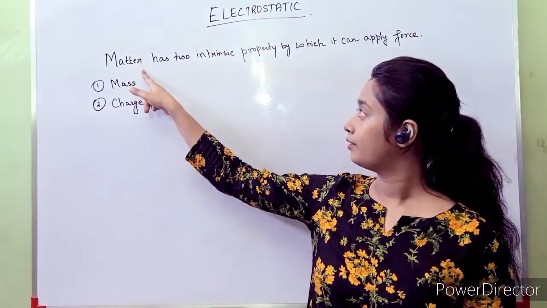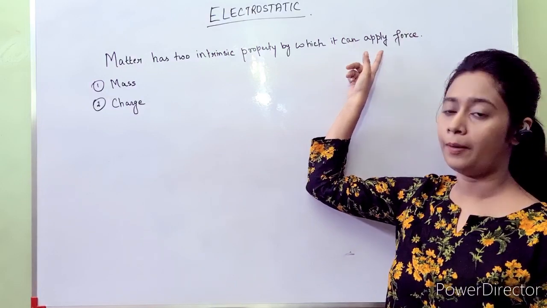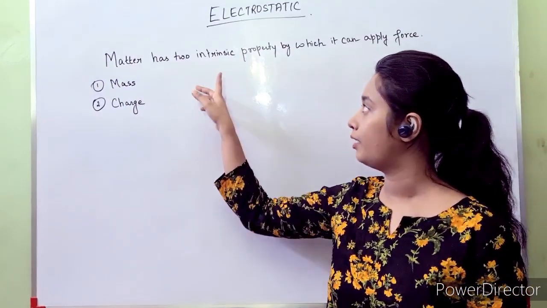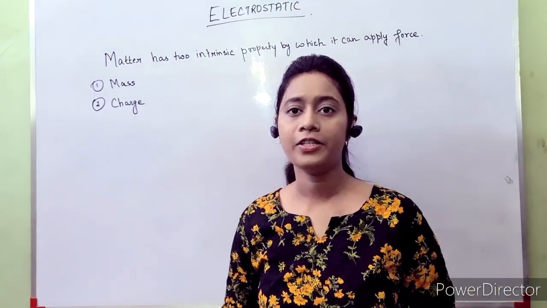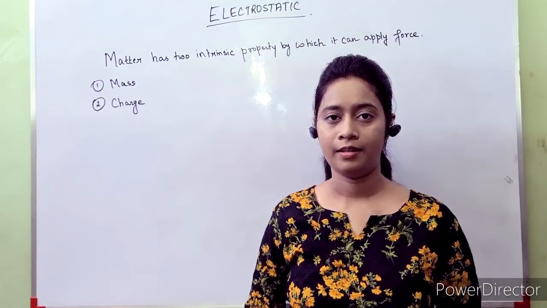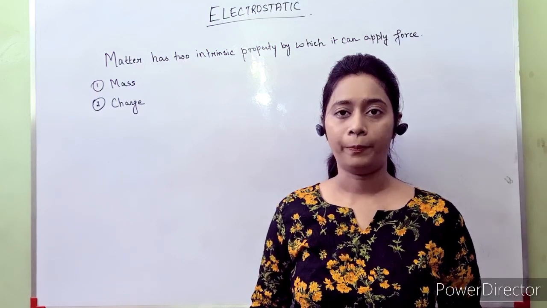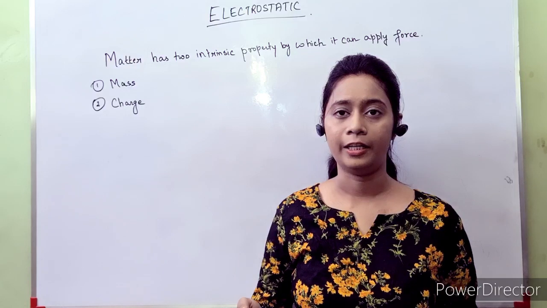This matter has two intrinsic properties by which it can apply force. What are these intrinsic properties? What do you mean by intrinsic property? Intrinsic property means the fundamental properties. Fundamental properties means inbuilt property. We can't research further into it.